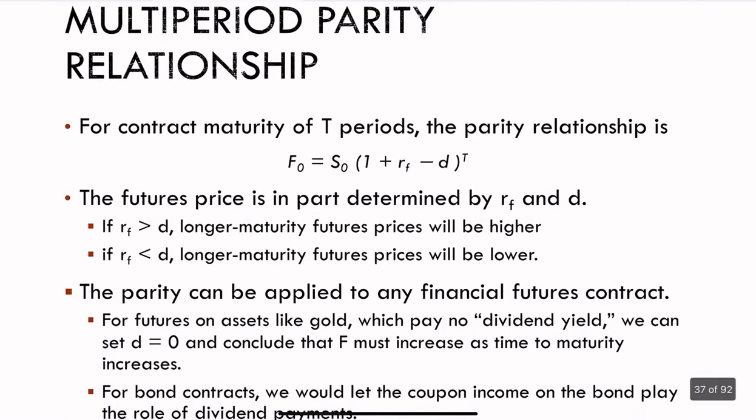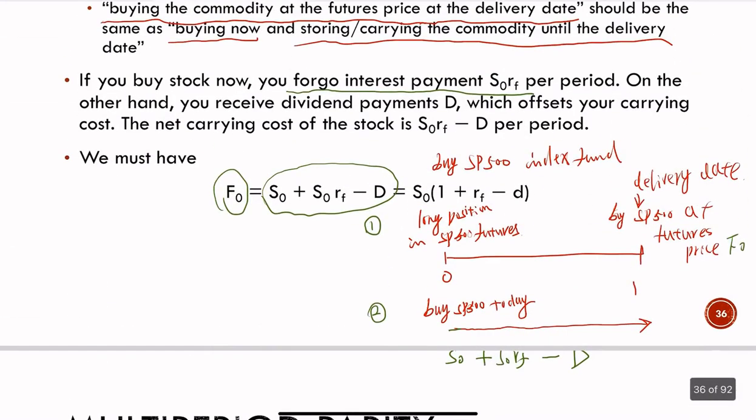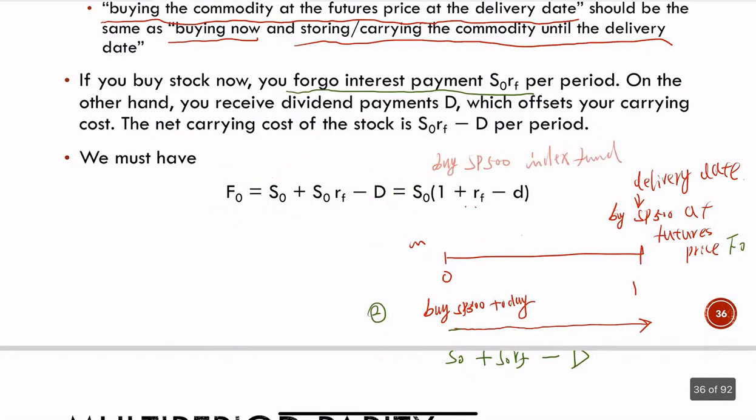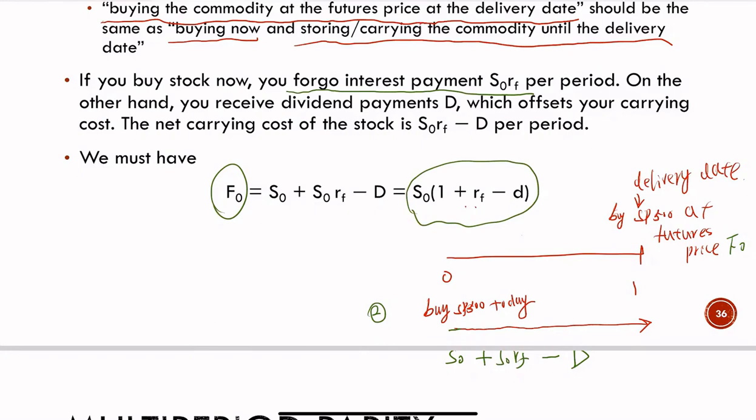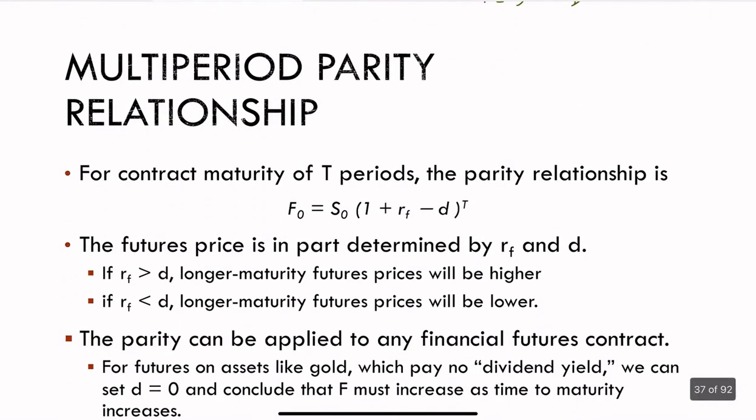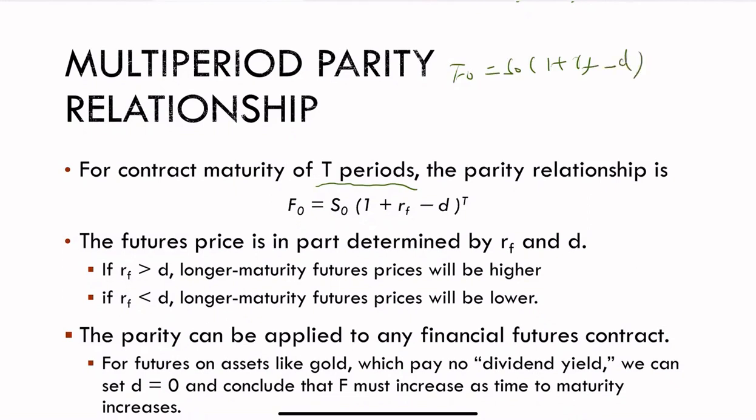What about multiple periods? For one period, we have this relationship: F0 equals S0 times (1 plus RF minus D). Let's say we have a total of T periods. If for one period or 1 year the spot parity theorem is given by this, then for 2 years you should put a squared here.